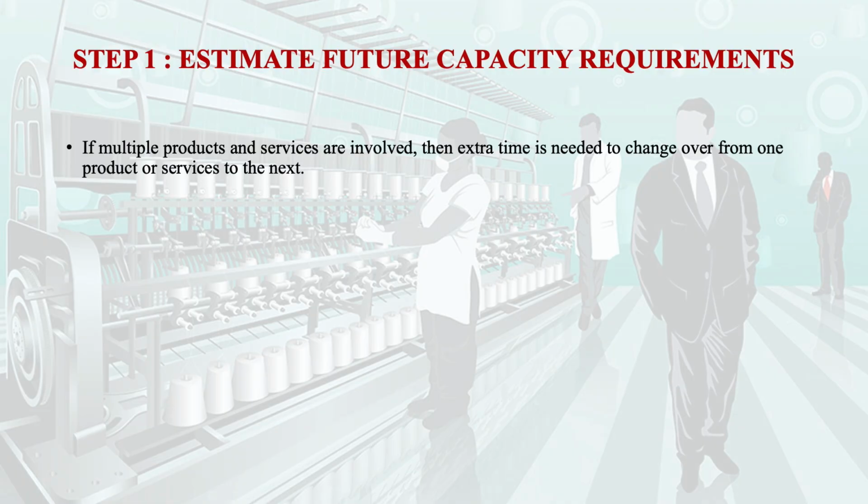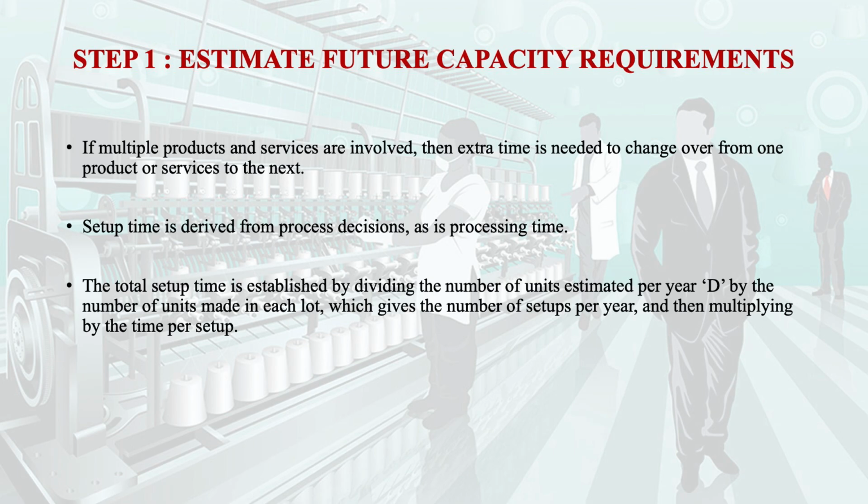Another important point: if we are going for multiple products or services, then extra time is needed to change over from one product or service to the next. Setup time is derived from the process decision, as is the processing time. The total setup time is established by dividing the number of units estimated per year, that is D, by the number of units made in each lot, which gives the number of setups per year, and then multiplying it by the time per setup.